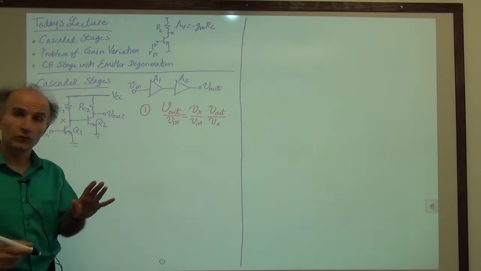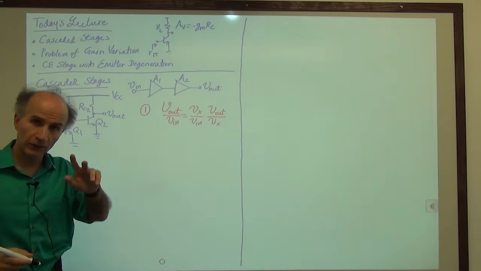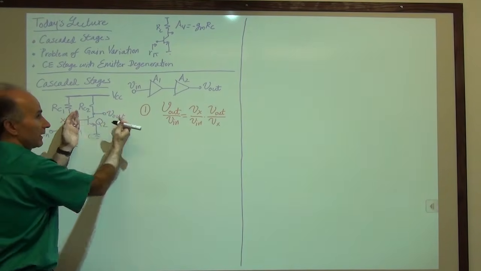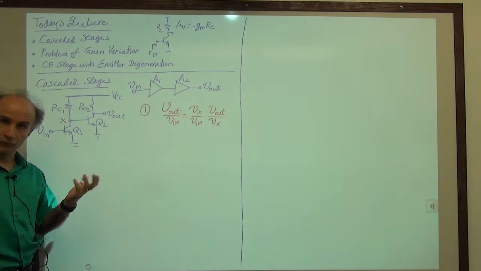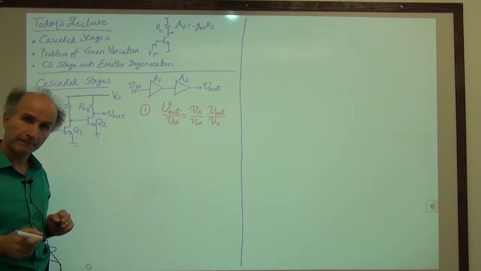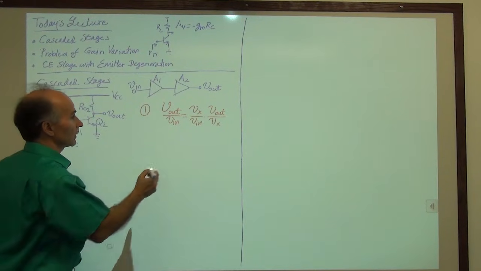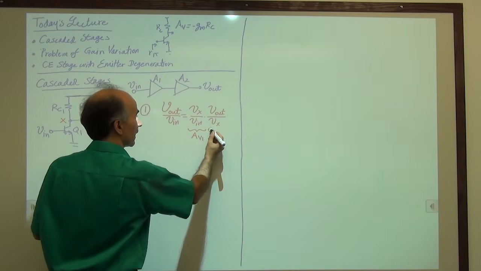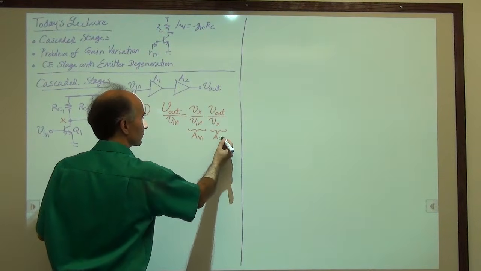So this says, to find the overall gain, all you need to do is find the gain of this guy, find the gain of this guy, and multiply. So that's one simplification. All right, so we will call this gain AV1 and this one AV2.